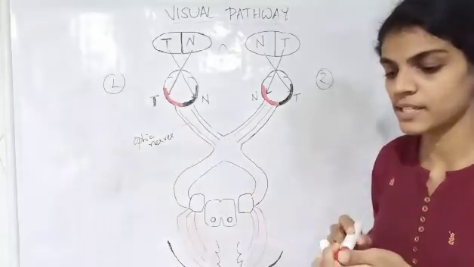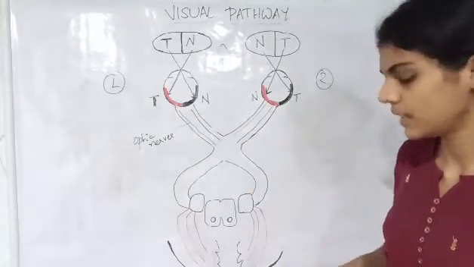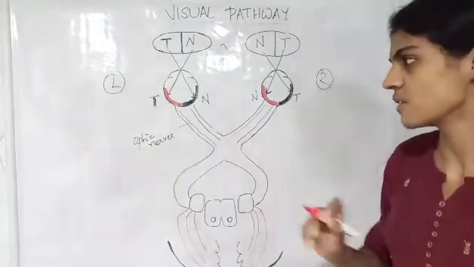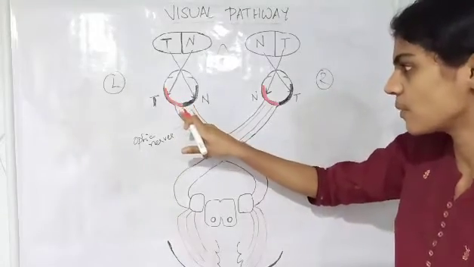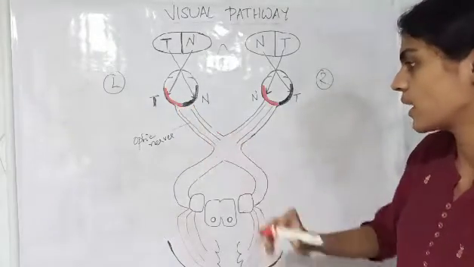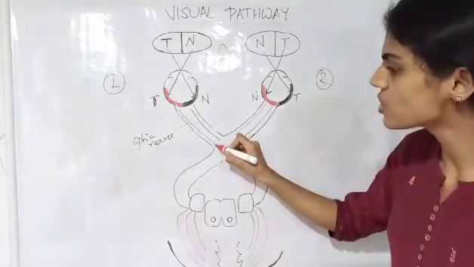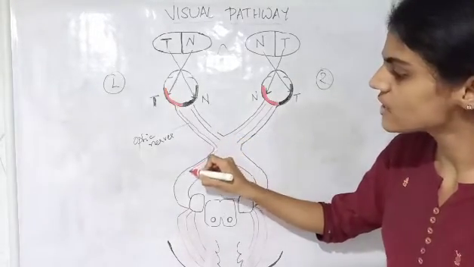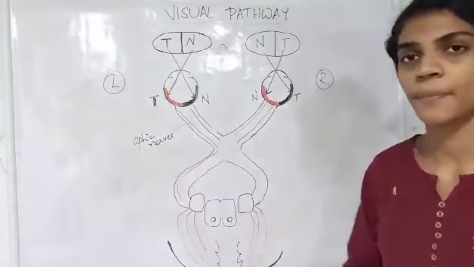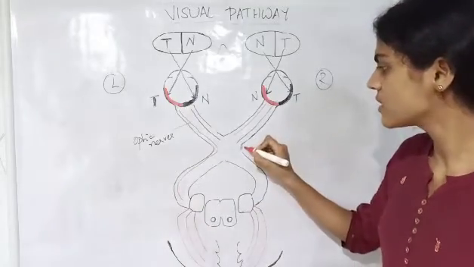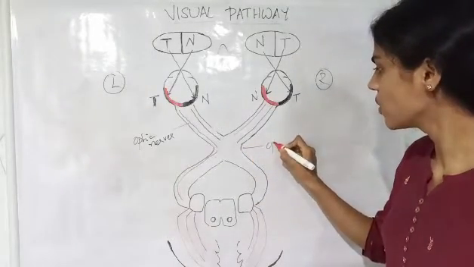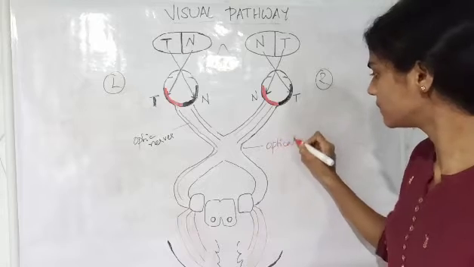So please listen. The temporal optic nerves, the nerves coming from the temporal retina, go through the same side. This point is known as the optic chiasma.